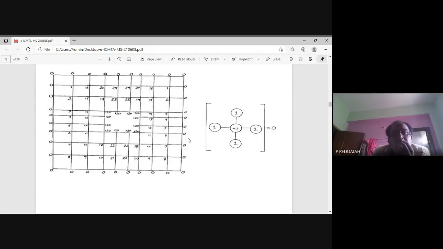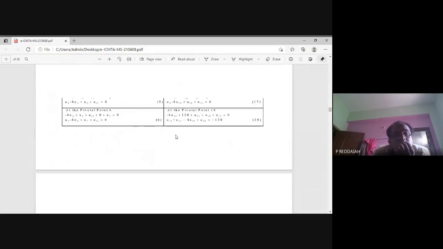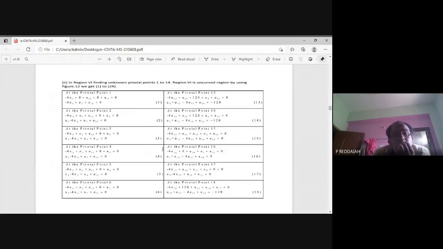Next, for the second geometry, for finding these unknown pivotal point values, I used this partial operator molecule at each pivotal point value: minus 4u1, 0 plus u16, and then 0 plus u2. Like that, we get all 24 simultaneous equations.